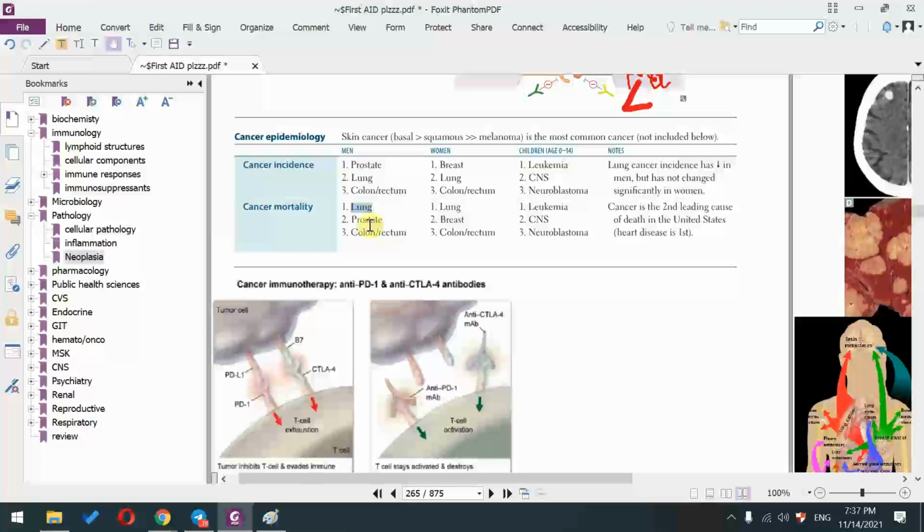And for prostate cancer, it's easy to detect it. You only need one sophisticated device, your finger. But for lung cancer, you need a CT scan, and that requires insurance. And insurance is expensive, and a lot of people don't do that. So, in men, the most common cancer is prostate, followed by the lung, and finally we have the colon and rectal cancer.